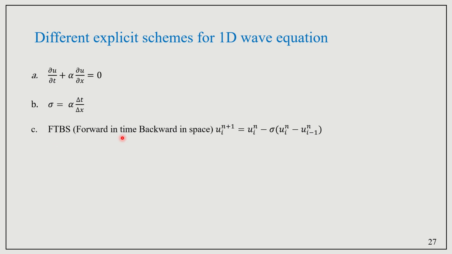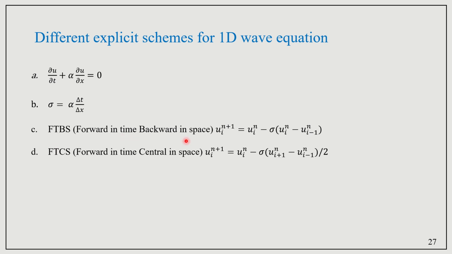For the forward time, backward space explicit equation, and forward time, central space, we are getting it like this: ui at n plus 1th time step equal to ui at nth time step minus sigma into ui plus 1 at nth time step minus ui minus 1 at nth time step divided by 2.